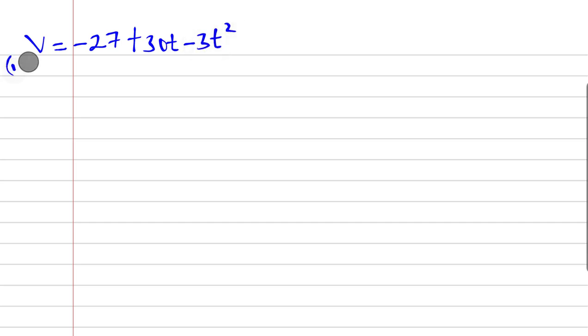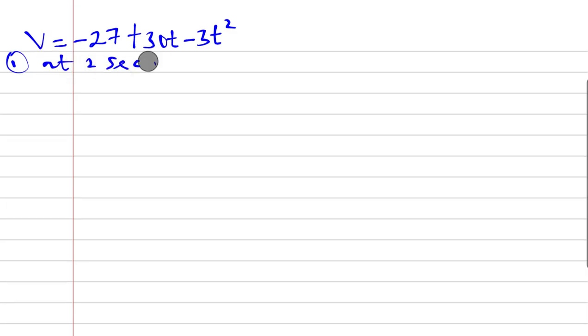So the first question says after 2 seconds. After 2 seconds means v will now be equal to what? Minus 27 plus 30 into 2, minus 3 into 2 squared.